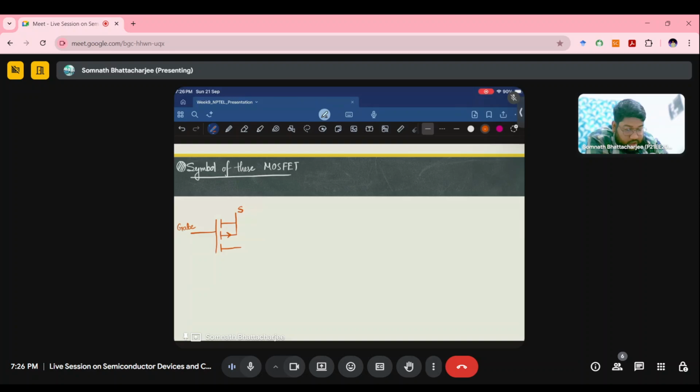So the flow will be towards this. This is a very crude way to draw this, but this is the drain. This is for a p-type one, obviously.